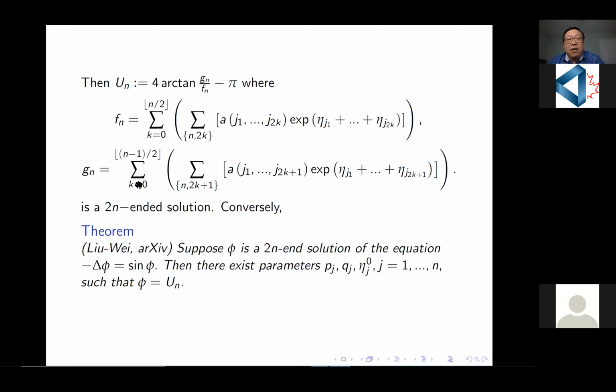We prove that all 2n-ended solutions can be written in this form. This is joint work with Yong Liu. So you can write down all 2n-ended solutions for this problem.